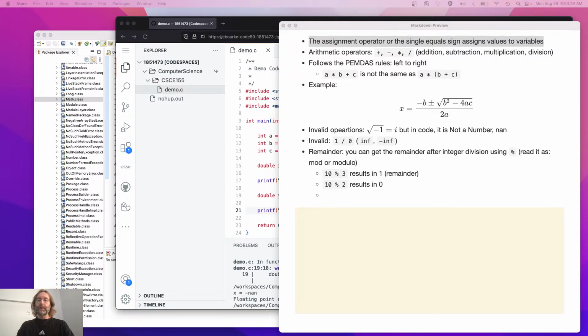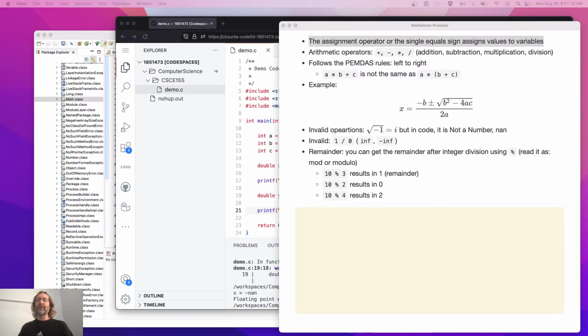What if I said 10 mod 1? I'm not going to do 1, because, what's the remainder? Let's go with 4. Results in 2. 4 goes into 10 2 times with a remainder of 2. Okay. Do you want to see another example?